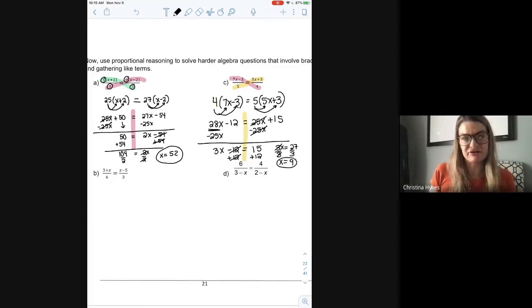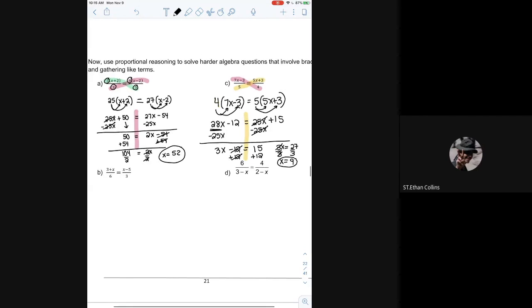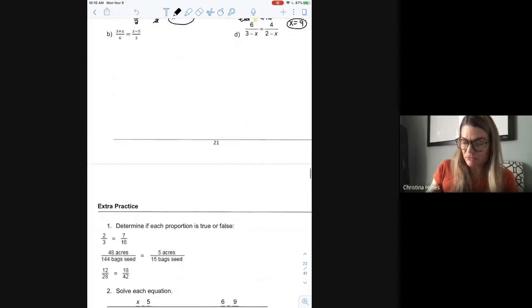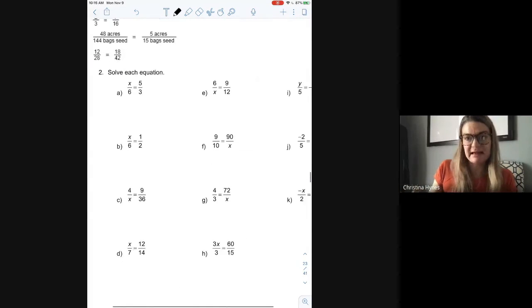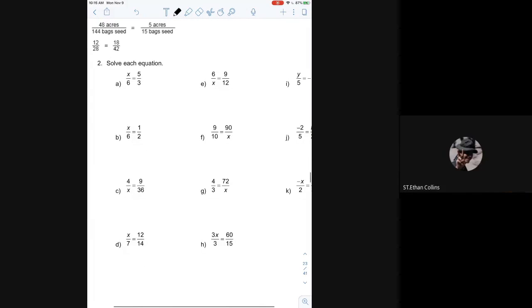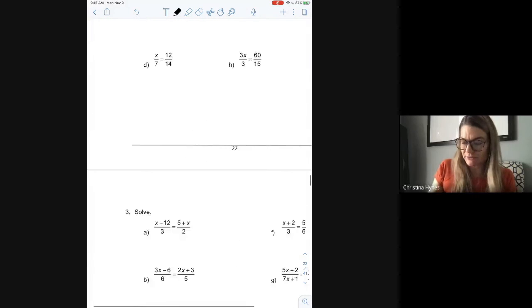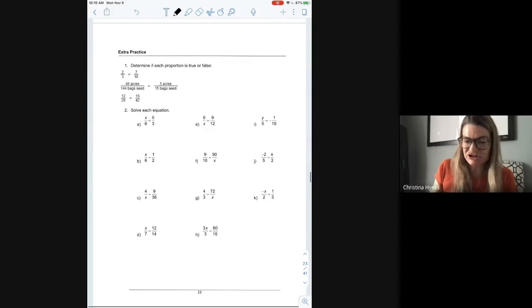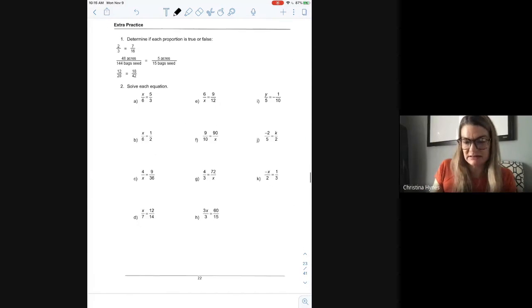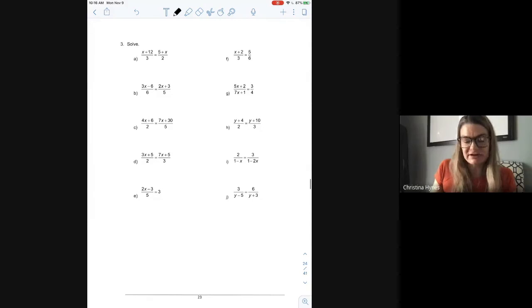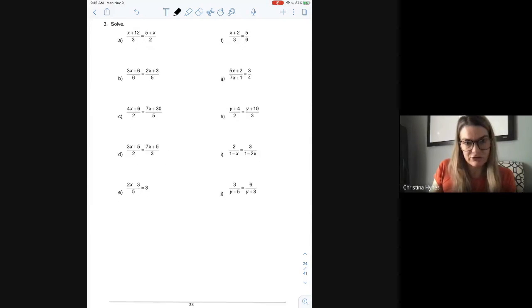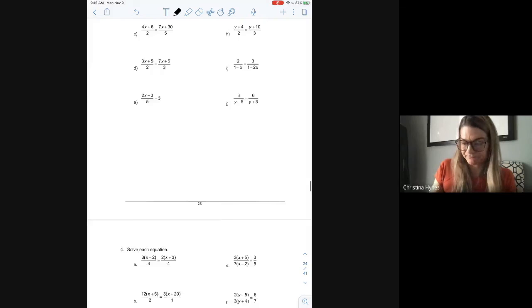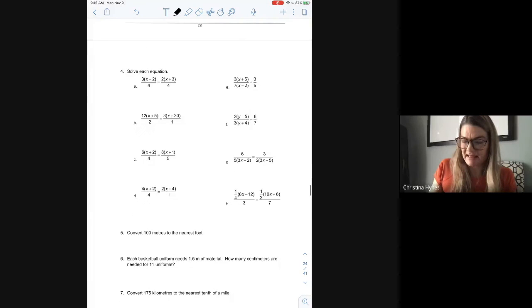Do you want to see another example, or are you feeling confident? I'm feeling confident. Perfect. Okay, so what you want to do is go through this extra practice and pick out 2 or 3 questions, like 2 from the easy ones, because question number 1 and 2 are the easy ones. And then question 3 is the harder one. These ones right there are the harder ones, so pick out one there. And then pick out a word problem.